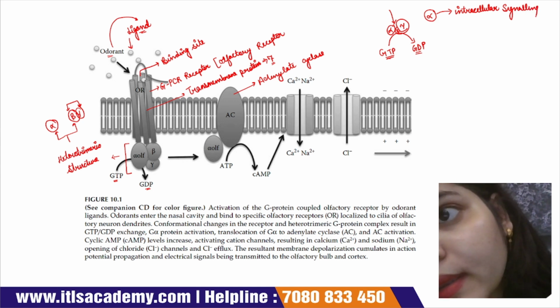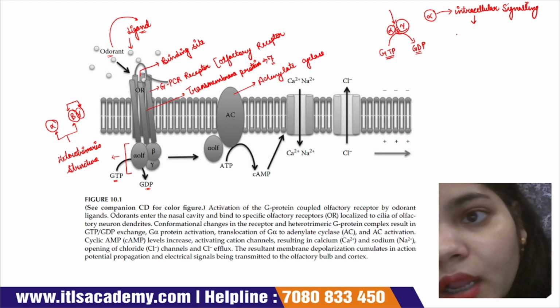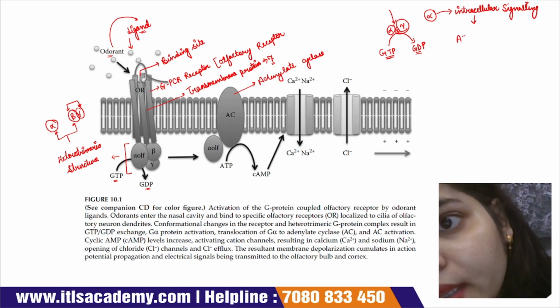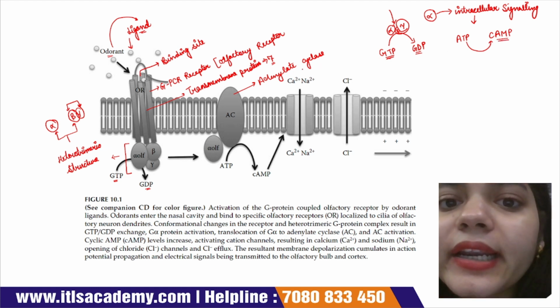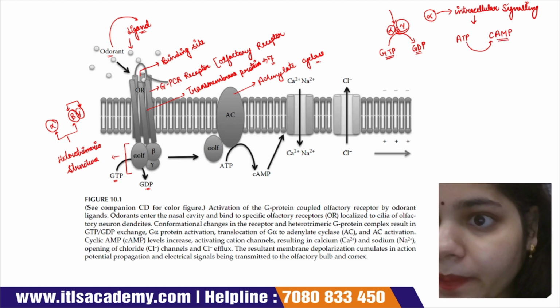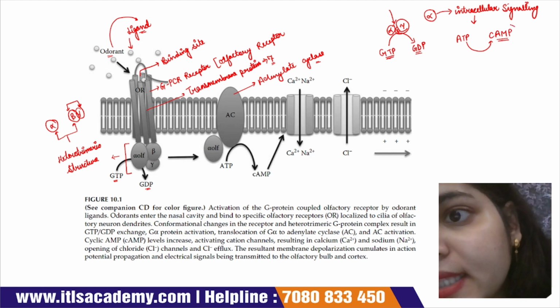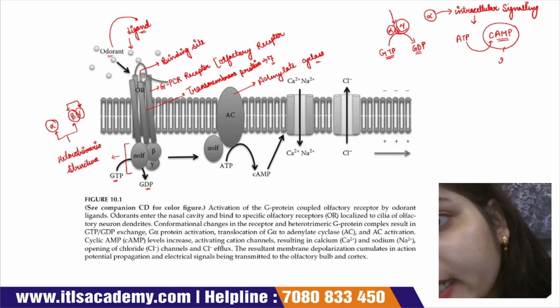And it will convert the ATP into cyclic AMP, that is cyclic adenosine monophosphate, with the help of the adenylate cyclase enzyme. Then this cyclic AMP acts as a secondary messenger.